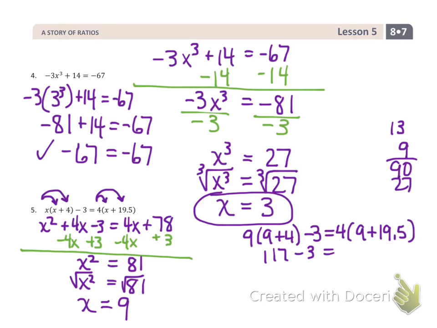And over here, I've got 4 times 19.5 plus 9, or 4 times 28.5. So over here I've got 114. So if 4 times 28.5 is 114, I'm good. So 4 times 30 is 120, minus 8 is 112 plus 2. Yep, 114.